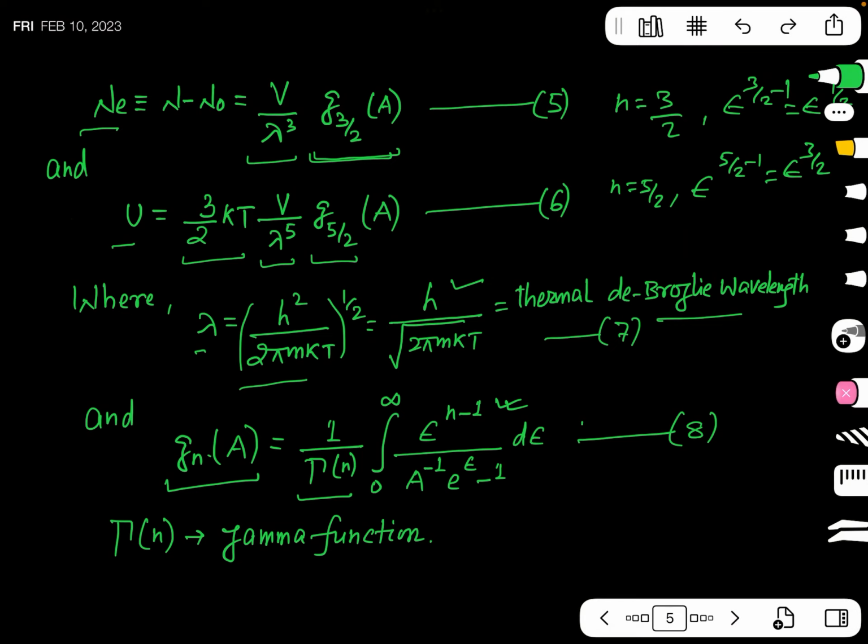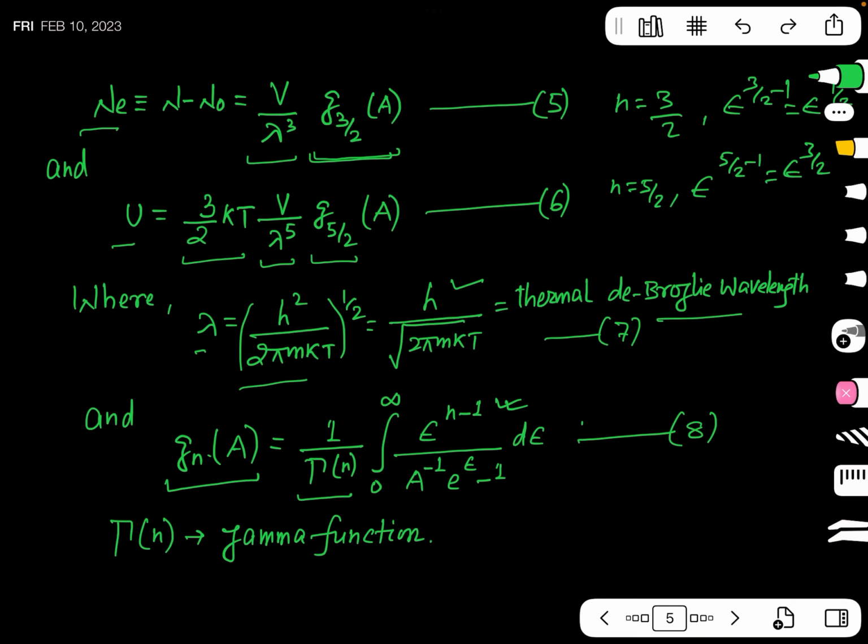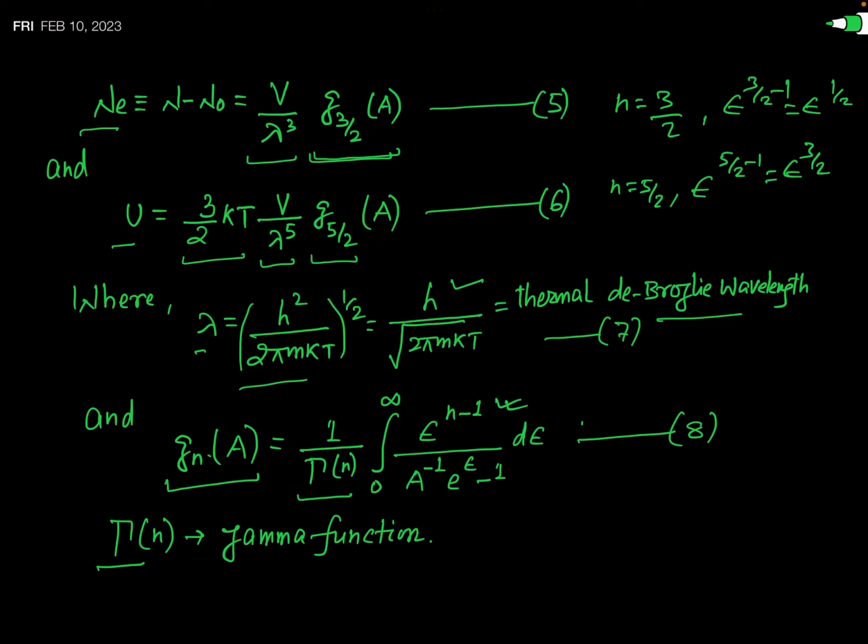So we can write these integrals in terms of the gamma function like this. gn of a is defined as 1 over gamma n, integral 0 to infinity, epsilon n minus 1 divided by a inverse e to the power epsilon minus 1, d epsilon. And this gamma n, as you know, is called the gamma function. So in terms of the gamma function, you can find the value of these integrals.